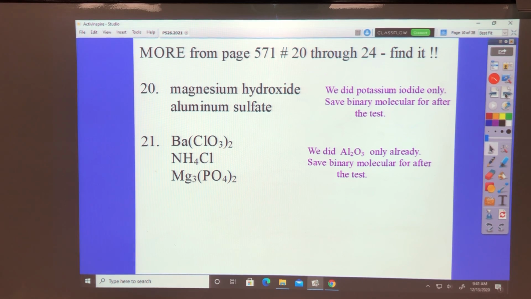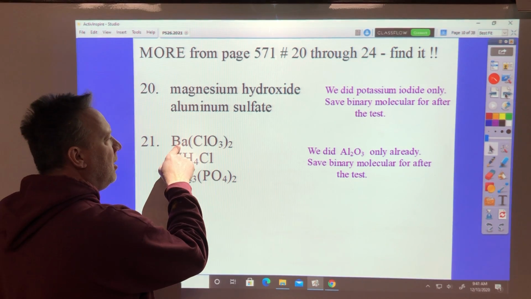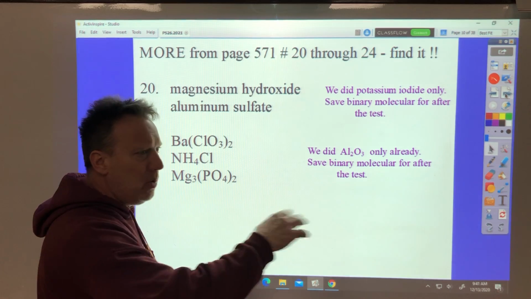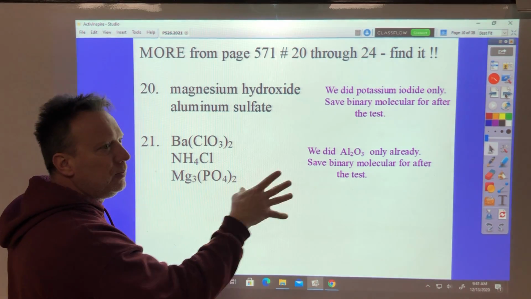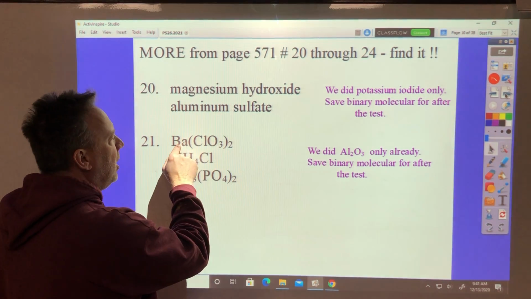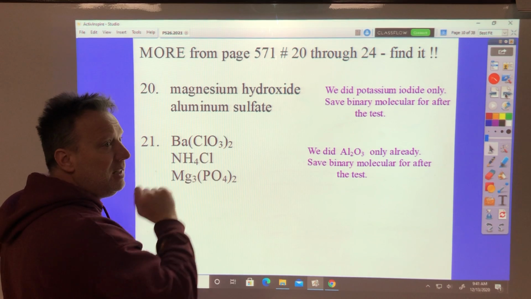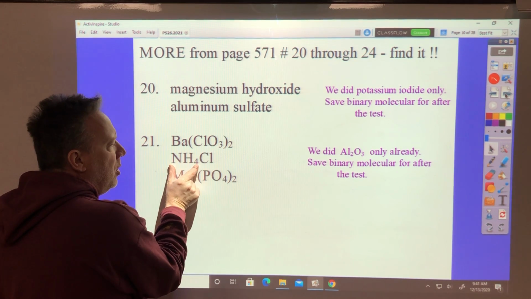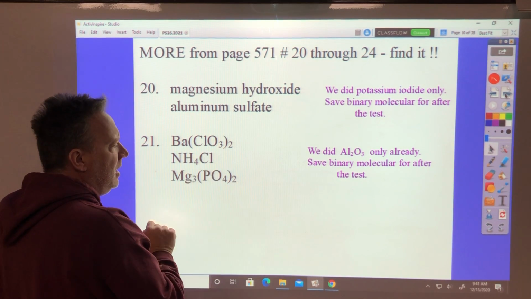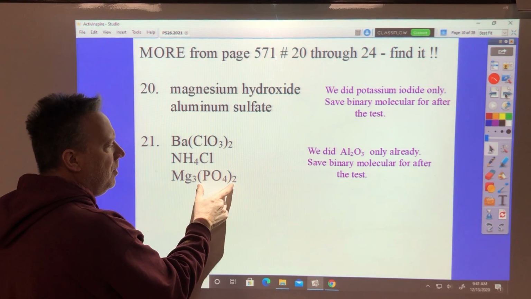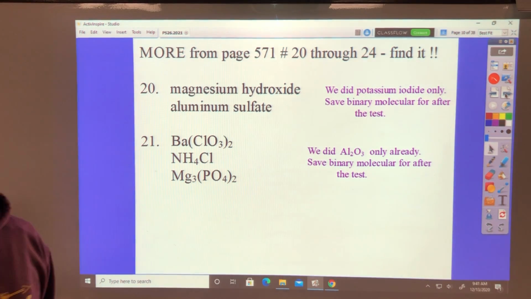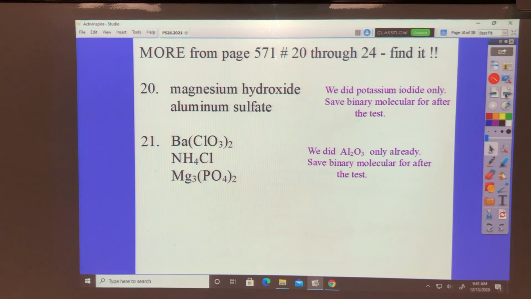So if you look from that list, barium, always 2 names, no matter what. Barium chlorate, ammonium chloride, magnesium phosphate. The naming is a little bit easier.